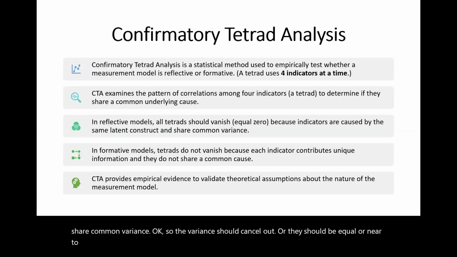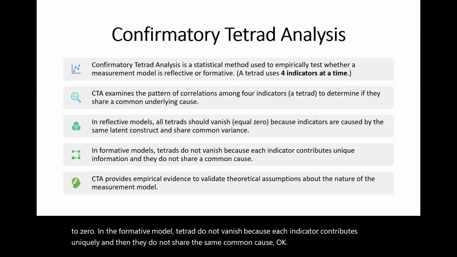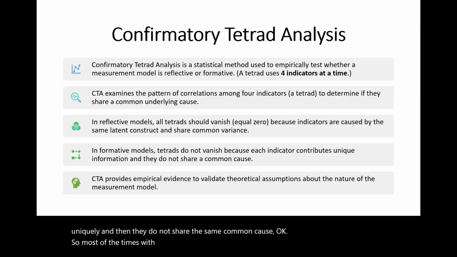In the formative model, tetrads do not vanish because each indicator contributes uniquely and they do not share the same common cause. Most of the time with formative constructs, the correlation between each of the indicators is not high. In that case, they contribute uniquely.